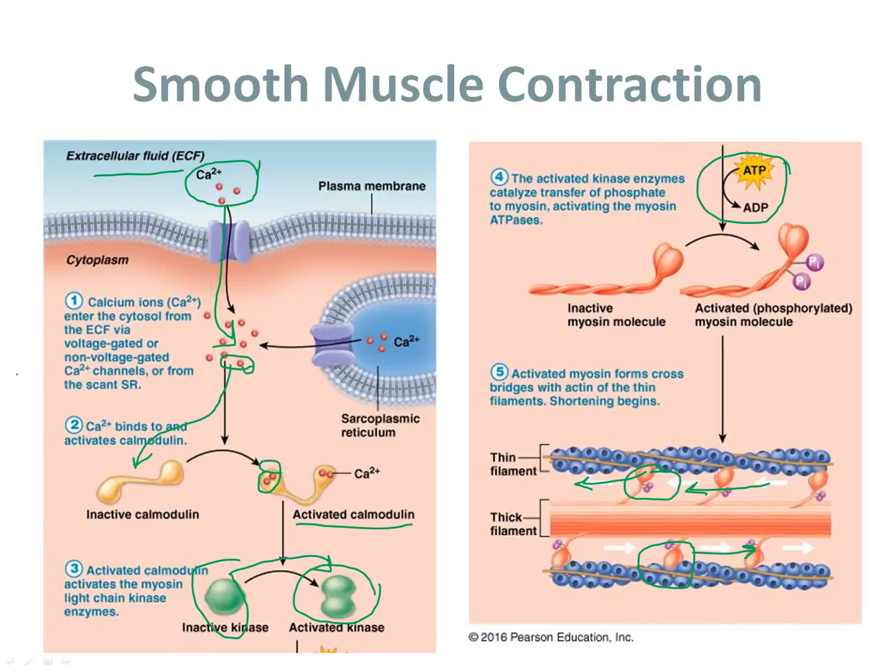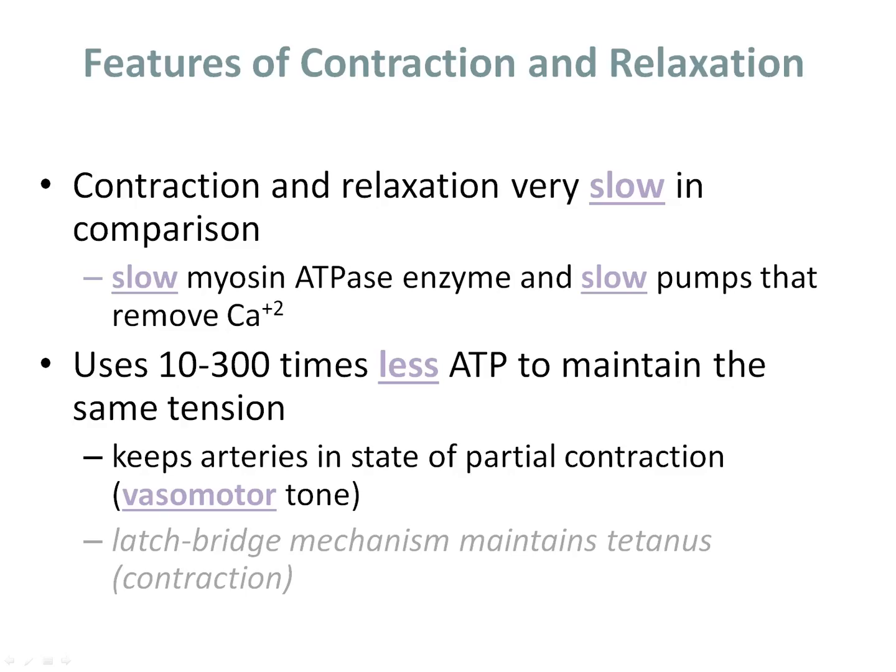What this does is it shortens the cell in both directions. So this is a little bit different than how skeletal muscle works. When we look at skeletal muscle, you'll see that all of the myosin heads pull in the same direction. So in smooth muscle, the myosin heads pull in opposite directions. That's an important difference between smooth muscle contraction and skeletal muscle contraction.